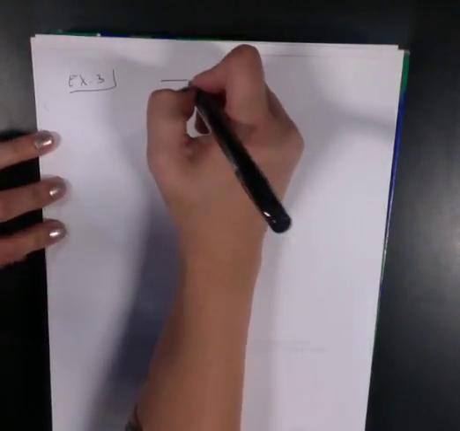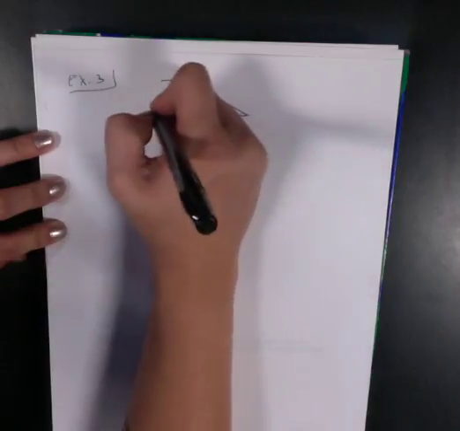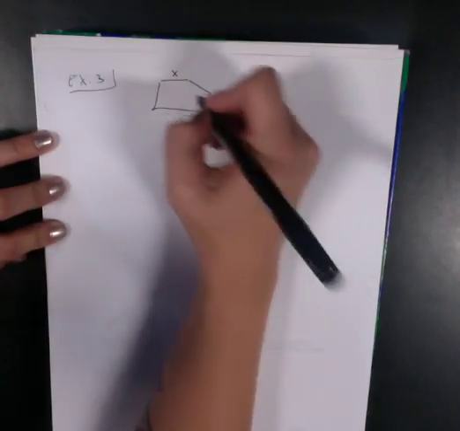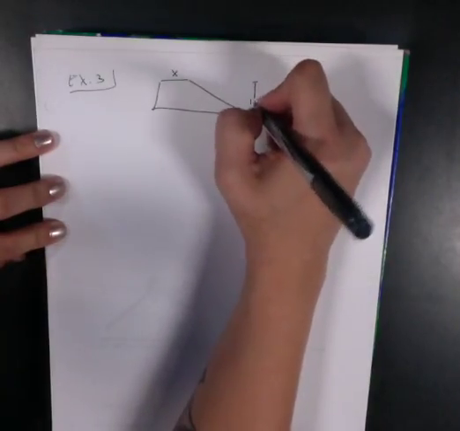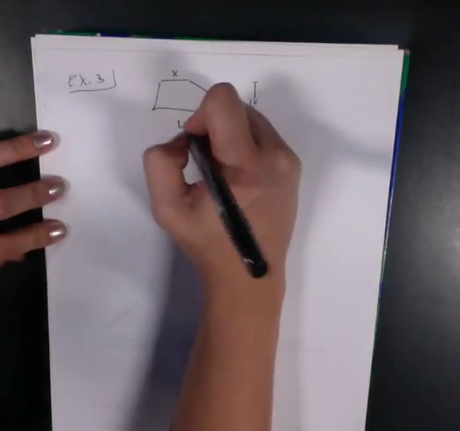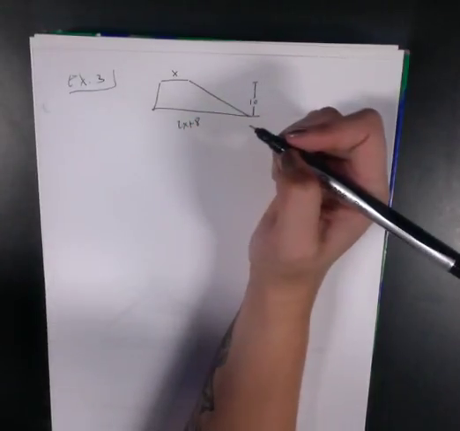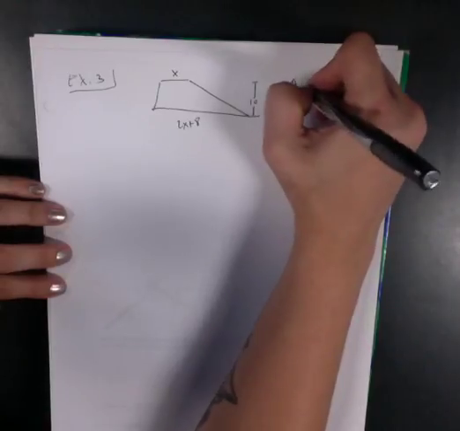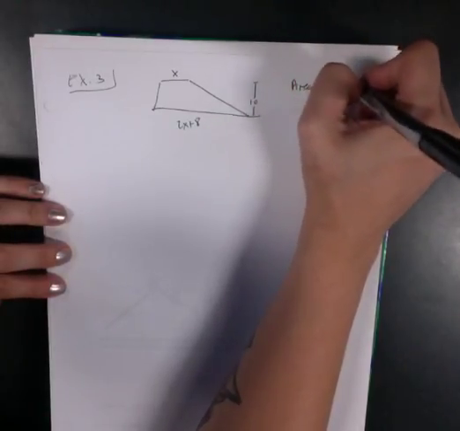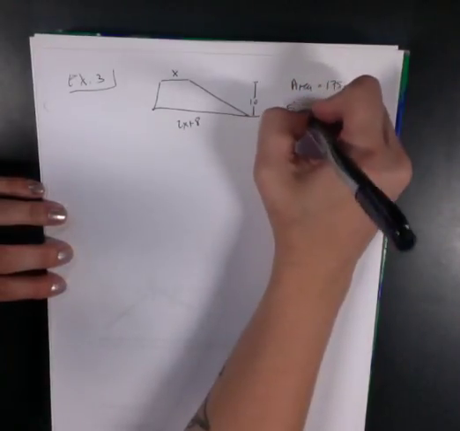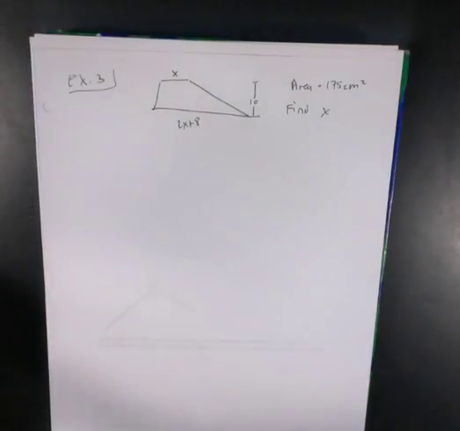Okay, we have this trapezoid here. This is x, this tells me that my height is 10, and this is 2x plus 8. And it tells me that the area is 175 centimeters squared. Find x.